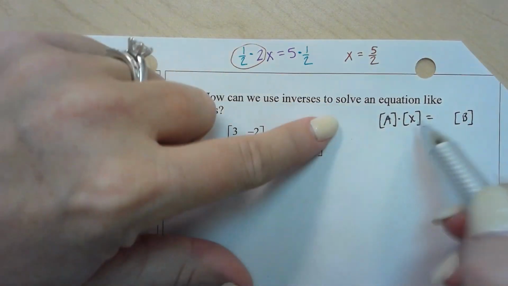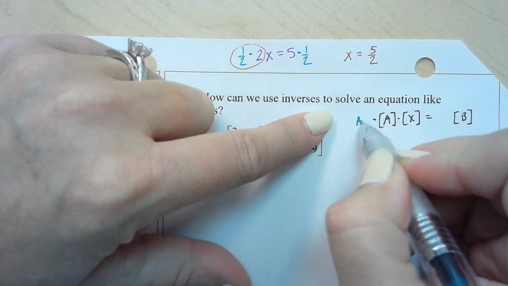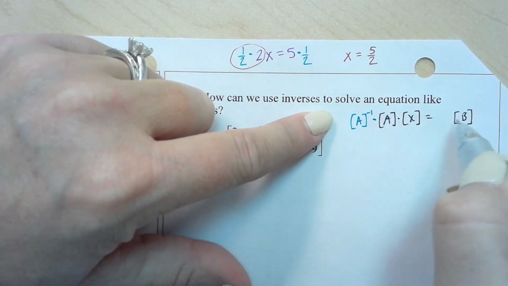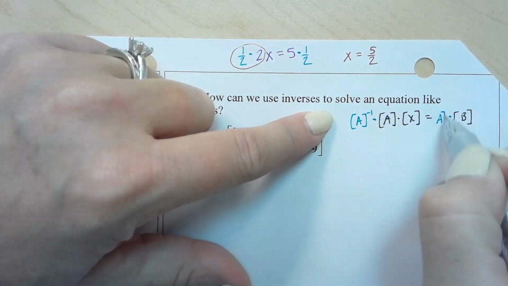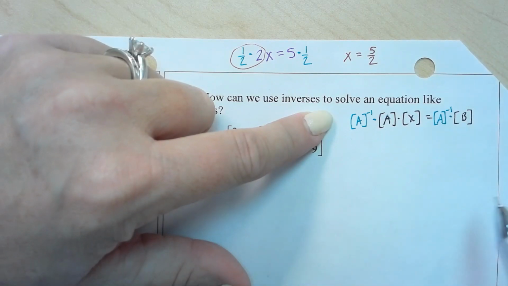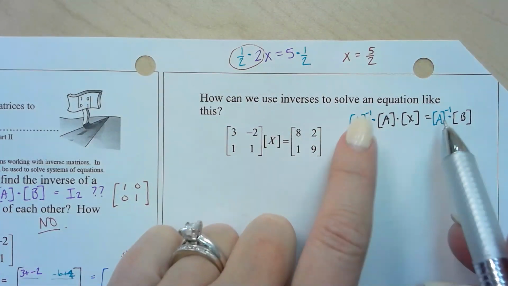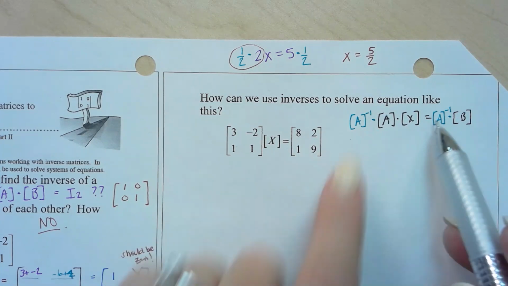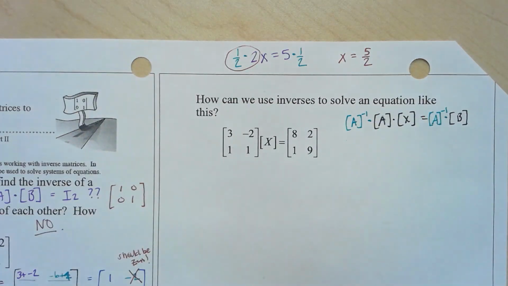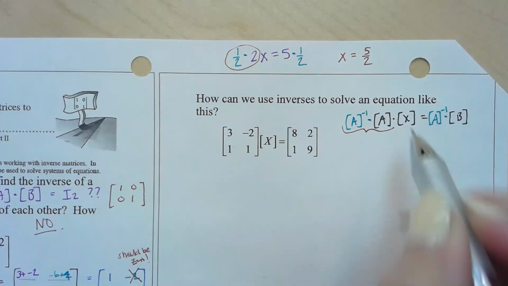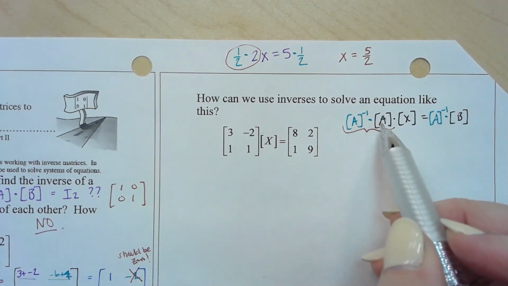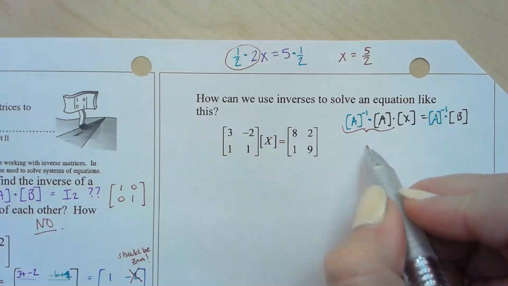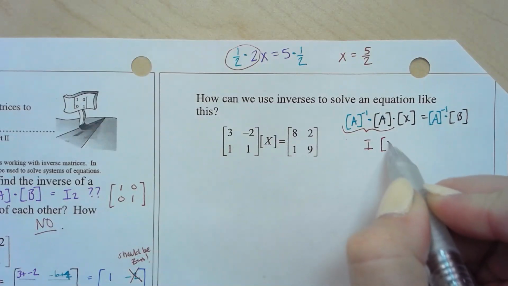If I want to get X by itself, I need to multiply both sides by the inverse of matrix A, but the order matters. If I put it on the left on this side, I need to put it on the left on this side. Now, why did I do that? Because when you have a matrix times its inverse, that will give you the identity matrix.